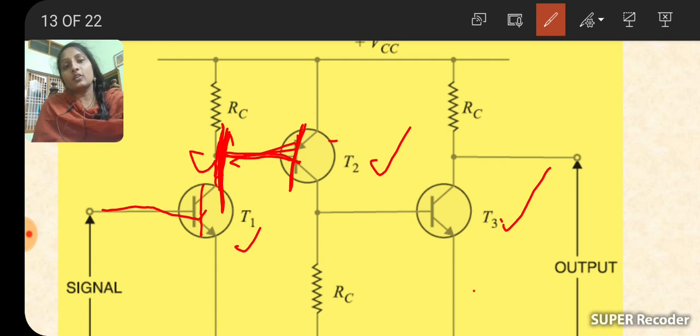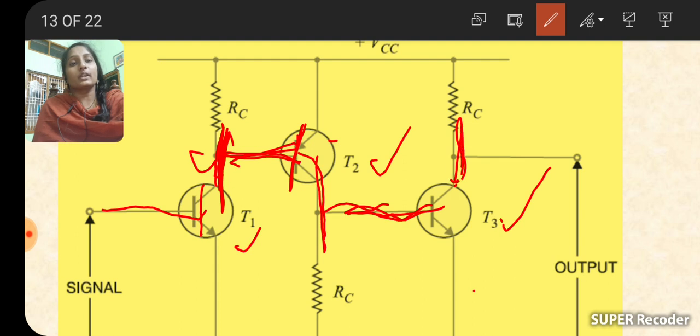And next the output appears across the emitter, and this output is connected to the base of the transistor T3, and finally we get the output across the collector. But either T1 to T2 or T2 to T3, no coupling element is used. No resistor or capacitor or transformer is used.